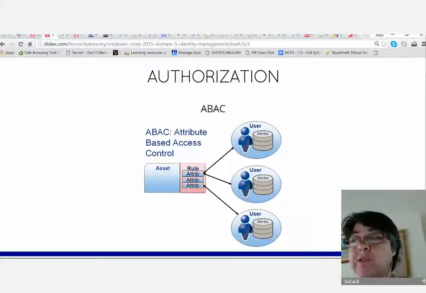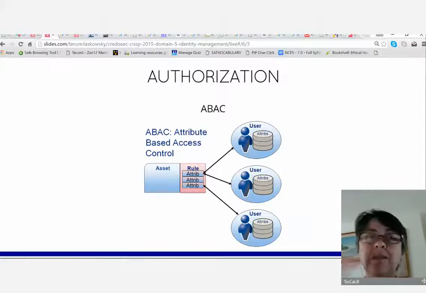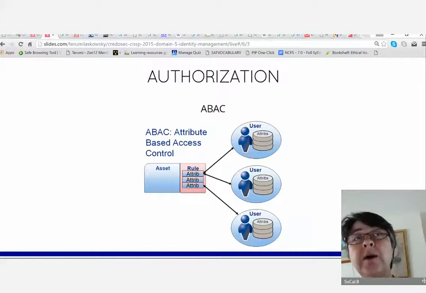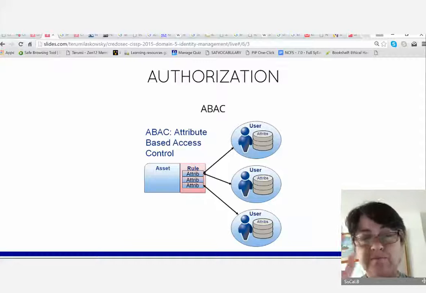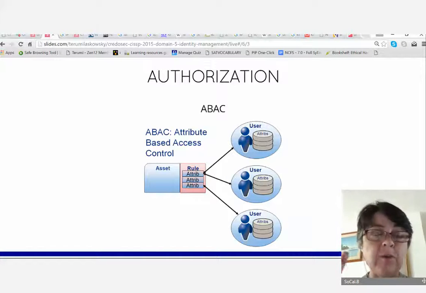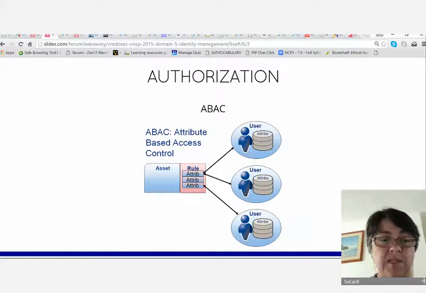So the combination of these attributes forms the basis for rules for accessing the asset itself or the object itself. I think this is still new relative to RBAC, but I have heard other companies trying to move out of RBAC into ABAC. But ABAC is not in your book for some reason. Although people are talking about it, it's not in the CISSP book.